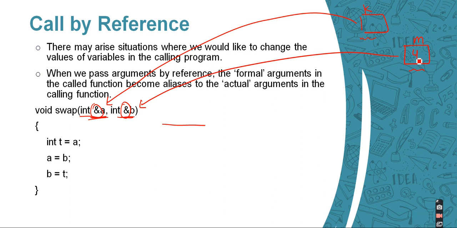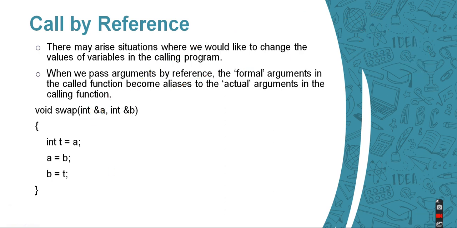Suppose here we have 4 and here we have 5, so it is going to take a as 5 or 4 now. So this is termed call by reference. We are not going to pass the value directly, we are going to pass addresses, and there it will find the value. It will be more clear to you when we write a program for call by value and call by reference.